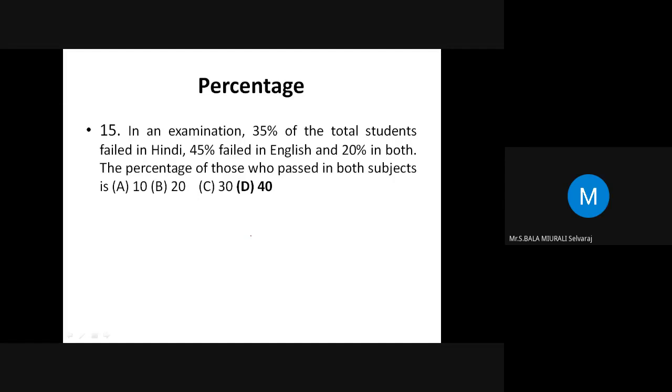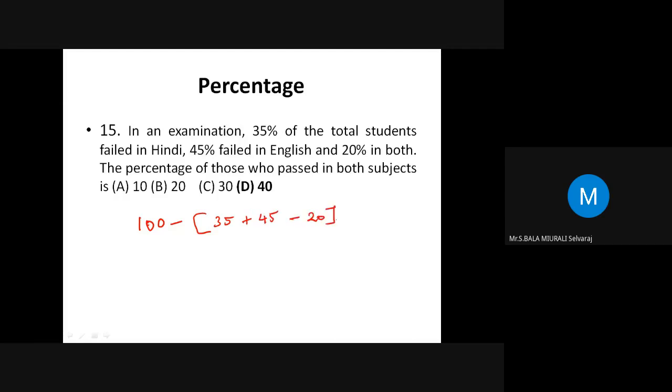In an examination, 35% of total students failed in Hindi, 45% failed in English. So let us assume this is a percentage problem. The total strength is not given, so we need to assume 100 students as total strength, correct? Out of which 35 failed in Hindi, and 45 failed in English, and 20 failed in both.